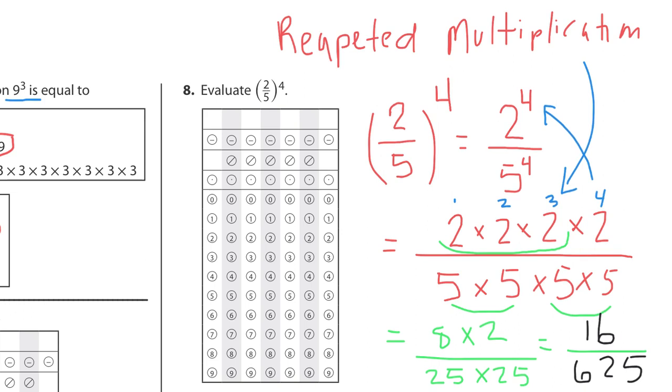And our answer is going to be that, starting with the left side, then the bar, 16, and then 625.